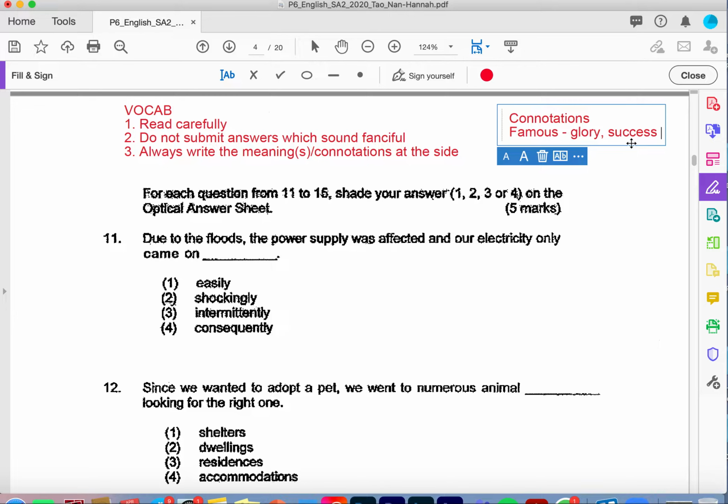So it's usually something good. I'll put a little positive there. But if you say someone is infamous, it means that they are usually known for something bad. So I'll do this. These things are connotations.